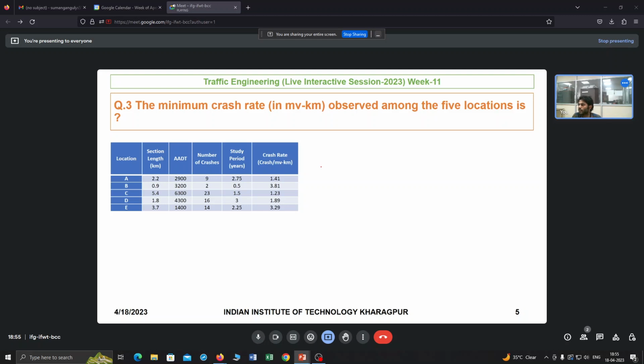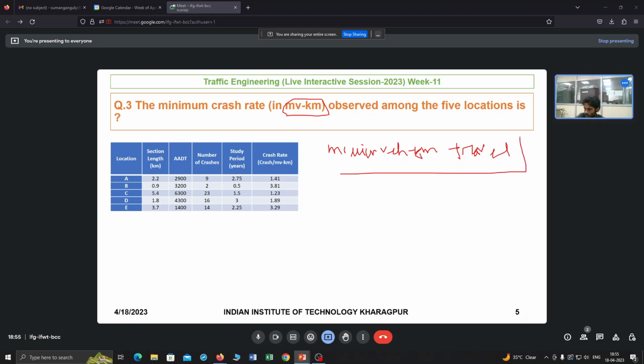So now the minimum crash rate in MB means million vehicles per kilometer travel.